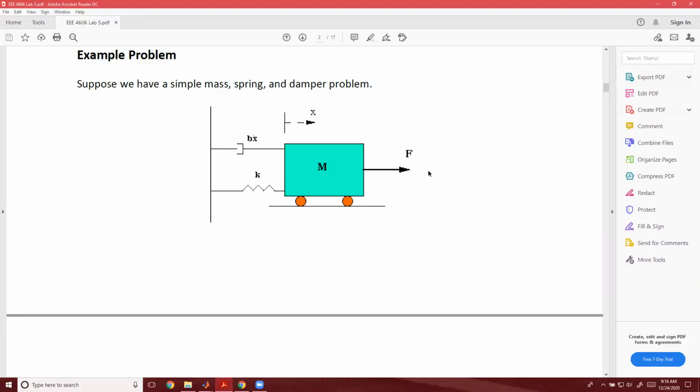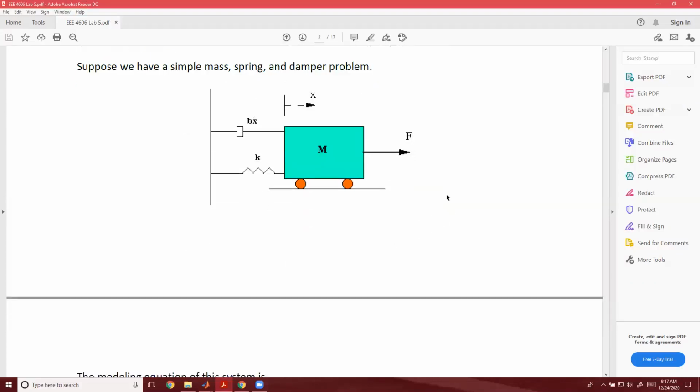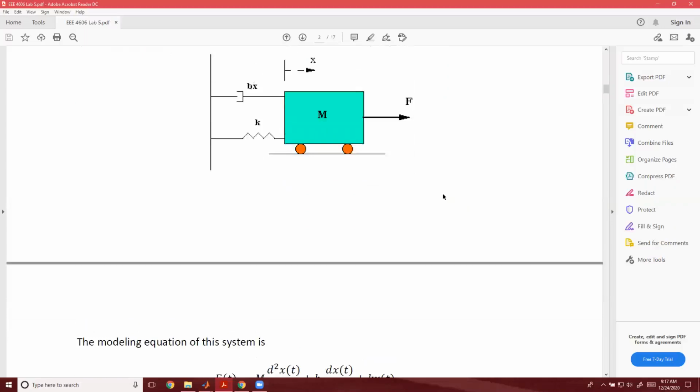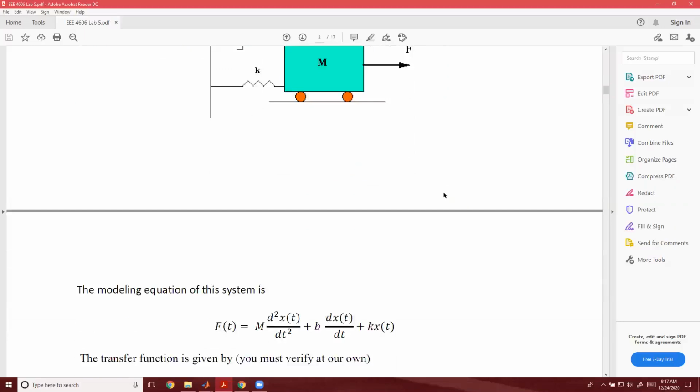The force is equal to what? Haven't you solved this type of system? It was in chapter 2, right? ms squared plus, yeah, bx plus k, right? Bx plus k, actually.